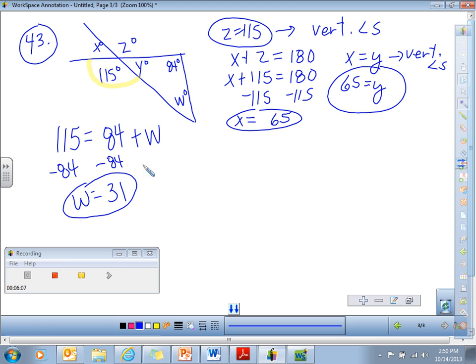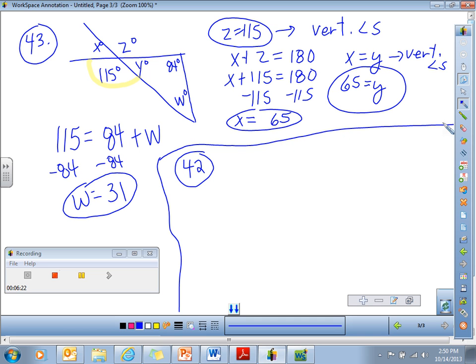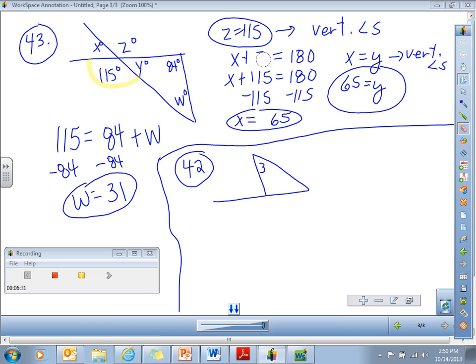Do we need to see another triangle problem, 40 through 42? Let's do one more. Which one? 42? Okay, 42 looks kind of like this. Let's make it a little bit bigger.